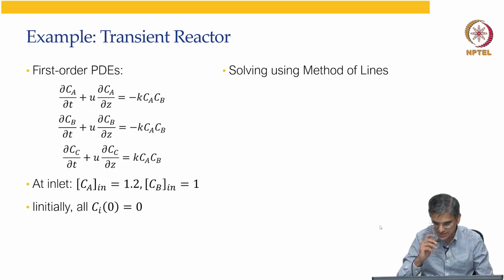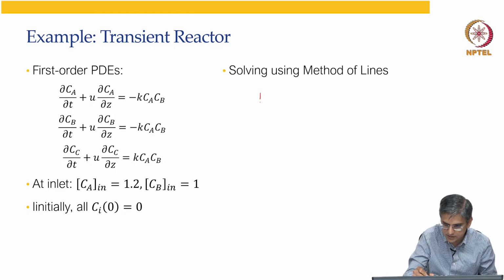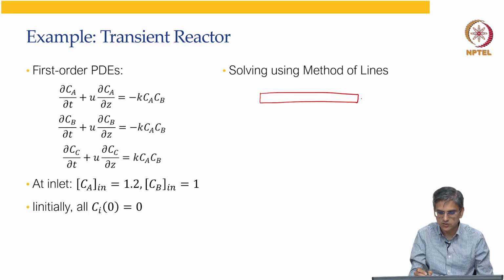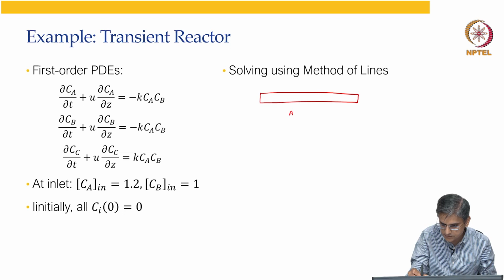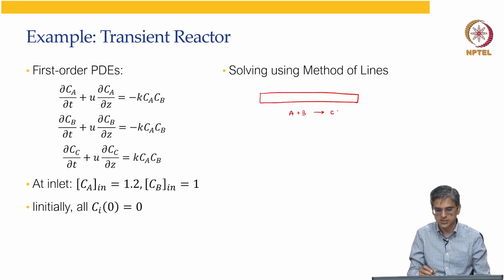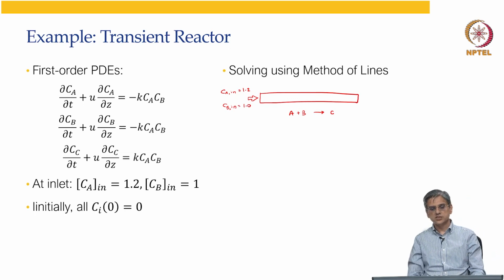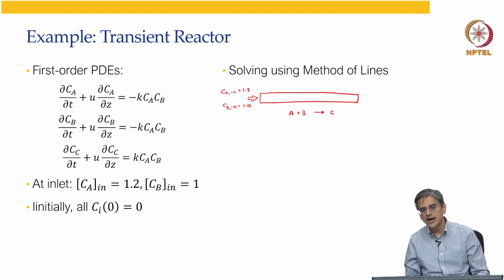What is happening over here is you have a reactor where A and B are going to get converted to a product C. At the inlet we have the concentration given.